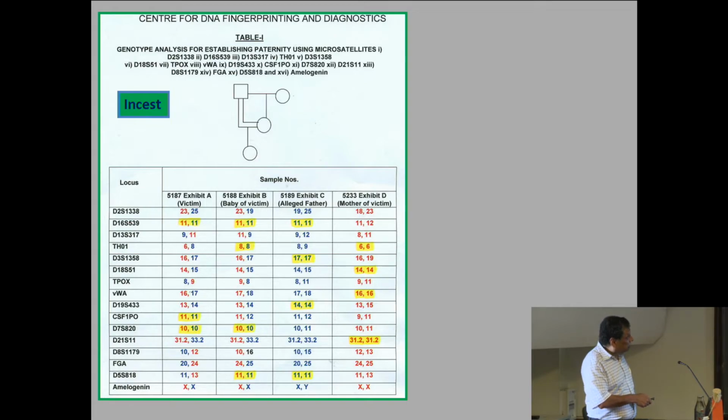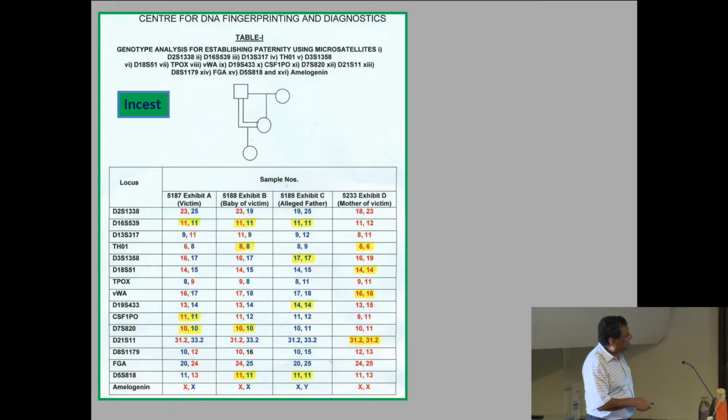But when you look at the baby of the victim also, that's this one, you find that the parents of this baby are this man and this daughter, right? So this proved that this was a case of incest. And what I did after I saw this profile is I just highlighted with a highlighter all the loci that are homozygous, which means in this baby of the victim, this particular locus has the same allele: 11, 11, 8, 8, at 4 loci.